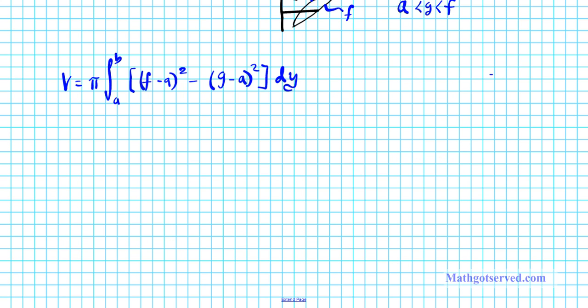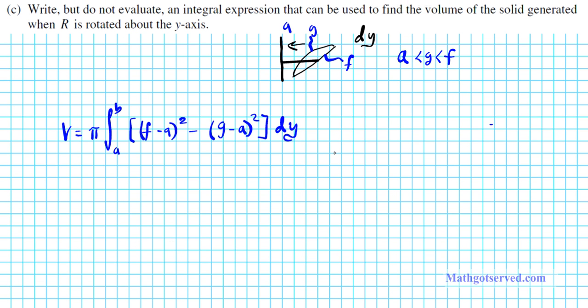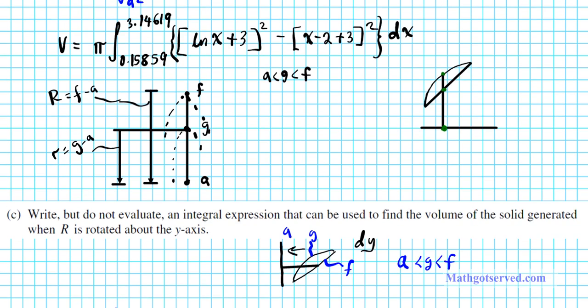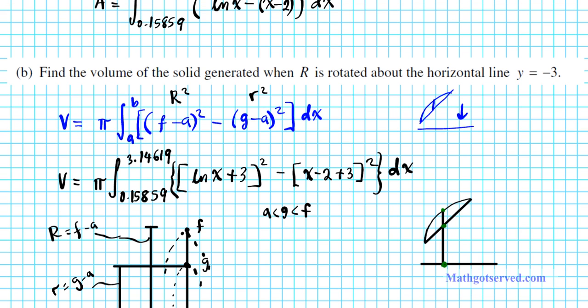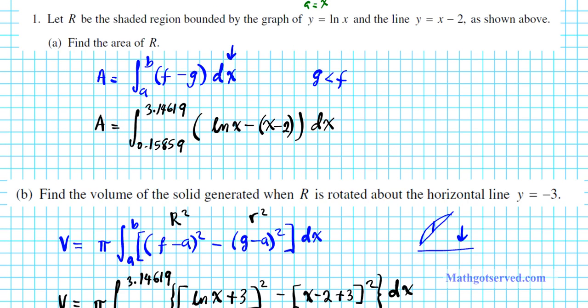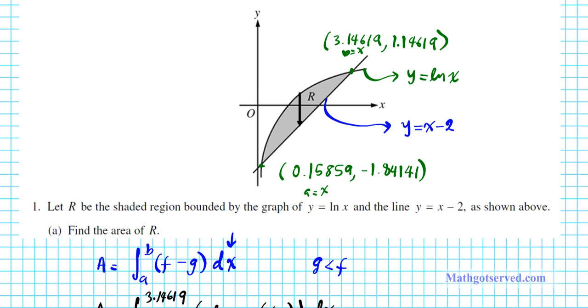So to set this up, let's list everything that we have because of the changes here. Our limits of integration are going to be the y coordinates now, okay? And then our slices are going to be going from the bottom to the top. So we're just going to be using these y coordinates since we're dealing with the y's now. Okay, so we go from this value to that value.